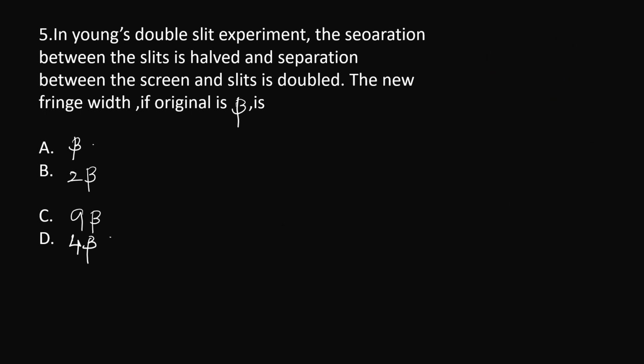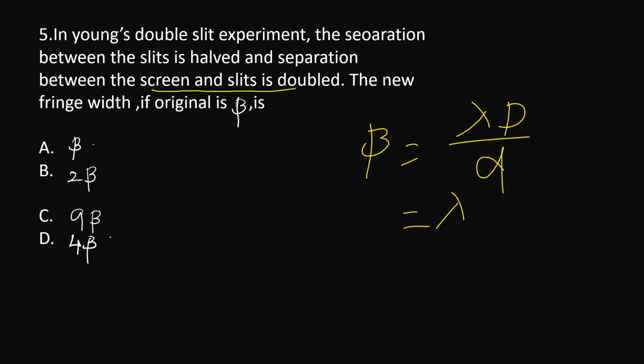In Young's double slit experiment, the separation between the slits is halved and the separation between the screen and slit is doubled. The new fringe width, if the original is beta, is. We know that fringe width beta is equal to lambda D divided by d. Here it is said that separation between the screen and slits is doubled. So D becomes 2D and slit separation is halved, that is d by 2.